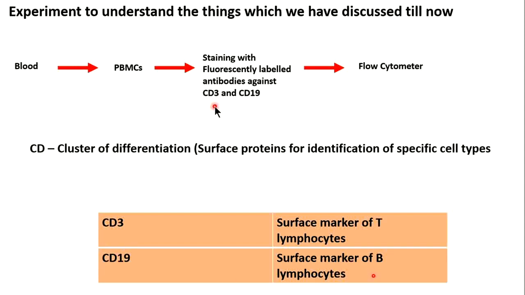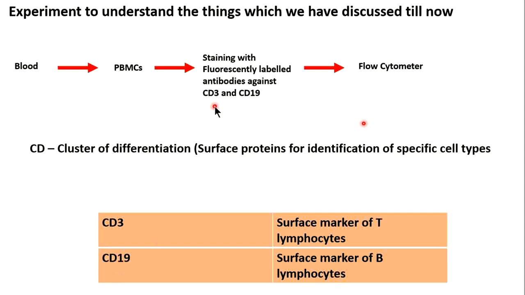And CD19 is a protein which is present on B cells. So if I want to differentiate between T cells and B cells, I will say T cells express CD3 and B cells express CD19. By looking at the fluorescent signal coming from the antibodies binding to CD3 and CD19, we can understand the data.